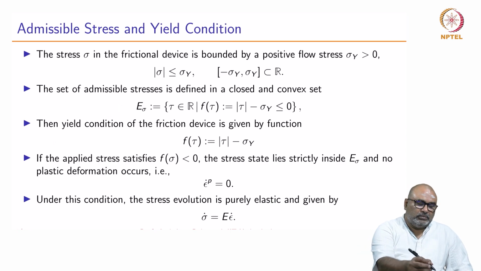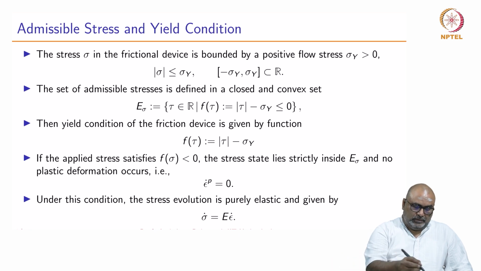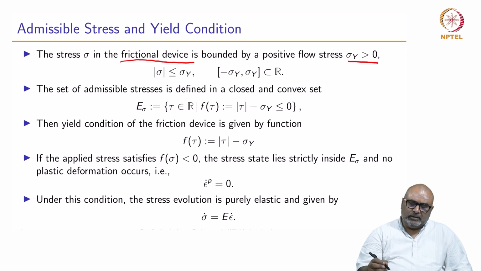Now, essentially one can define what is the admissible stress. The admissible stress in the frictional device is bounded by the positive flow stress sigma y greater than 0. That means the slip is taking place when sigma is greater than sigma y.